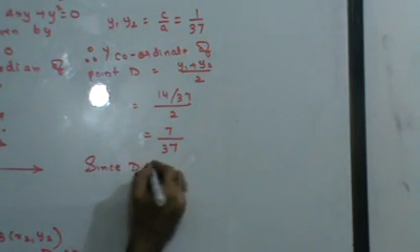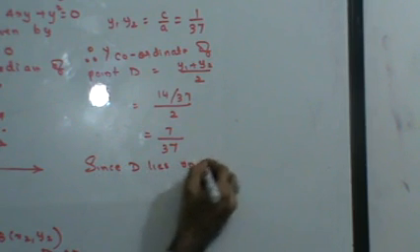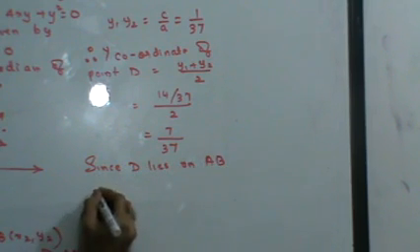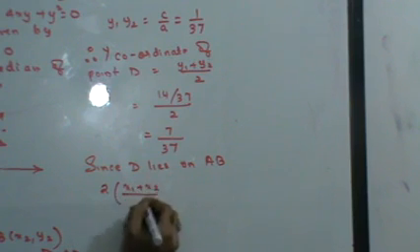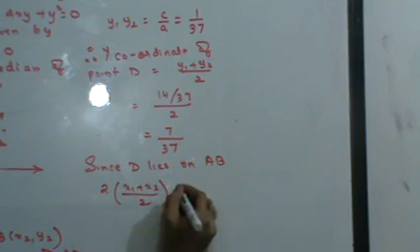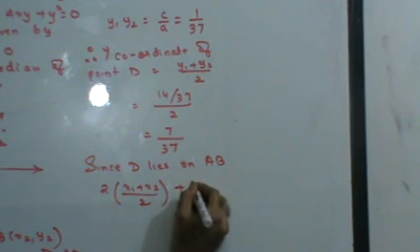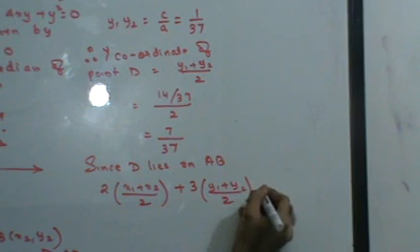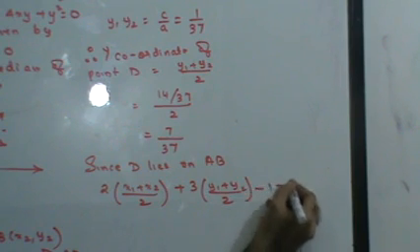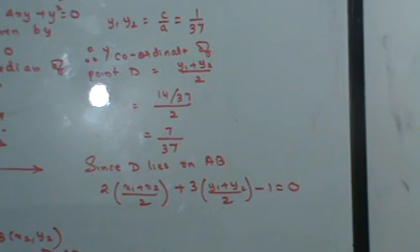So 2 (x1 plus x2) upon 2 plus 3 (y1 plus y2) upon 2 minus 1 should be equal to 0.